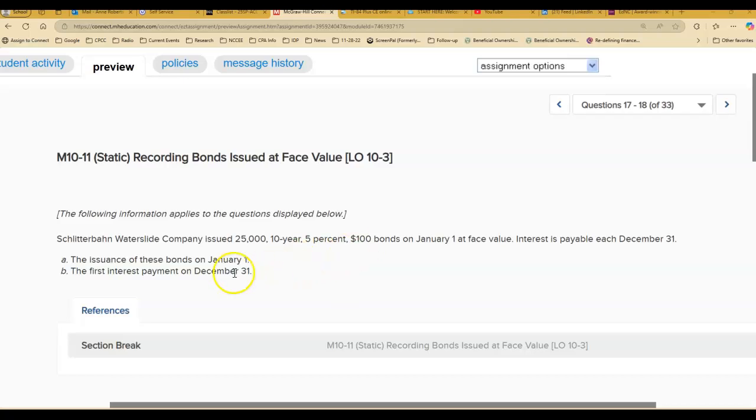All right? So then in item A, it says, record the issuance of these bonds on January 1. So a couple of things are going on here. One, they're being issued at face value. So don't miss this part. The interest rate that they are paying in this particular case is 5%. What is happening in the market with interest rates?